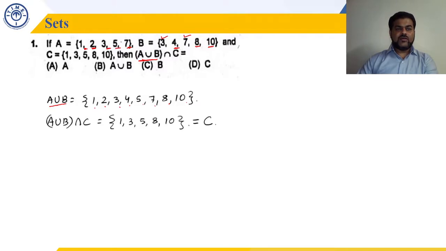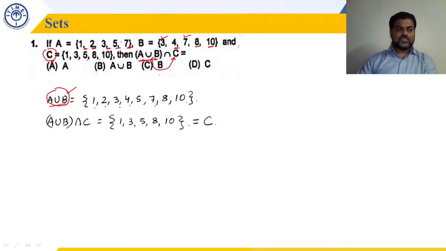So this is the union of A with B. And then what is set C? Set C is nothing but 1, 3, 5, 8, 10. Now you have to look for this set C and this set A union B. And the question says now you have to look at the intersection of these two, right? We have to look at the intersection of these two.